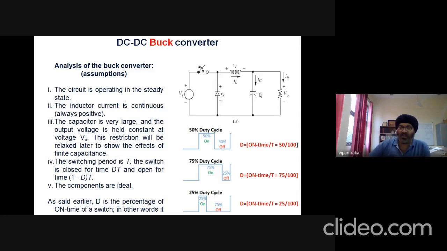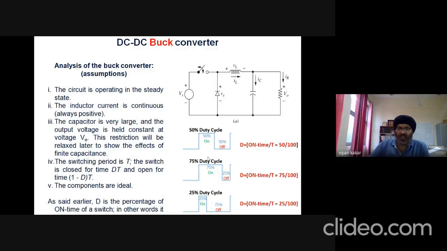Means the RC constant is large, so it can change very slowly. If it changes very slowly, it can be assumed to be constant. This restriction will be relaxed later when we see the actual effects of finite capacitances. But to start with, we have to simplify things.